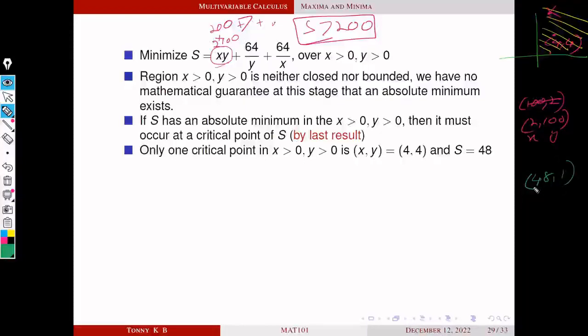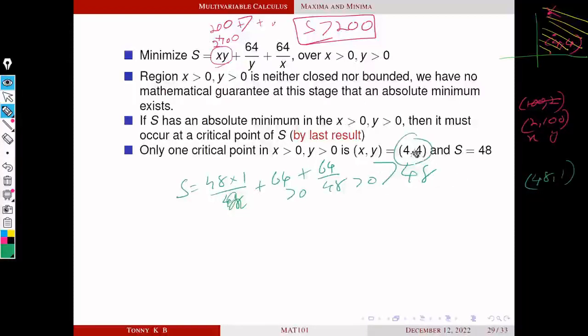No, because at this point S is equal to 48 into 1, so the first term itself is 48, plus we have two more non-negative terms, 64 by 1 and 64 by 48. So it is 48 plus something, and it is clear that this is greater than 48. So we already have the point (4, 4) at which our function has value 48.